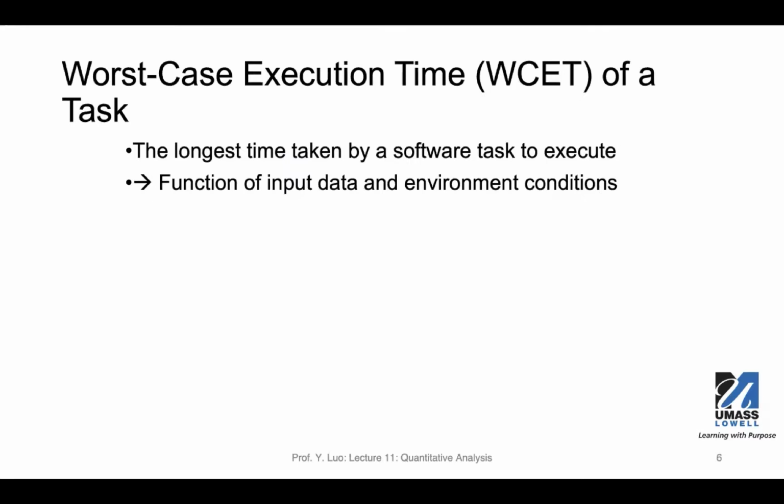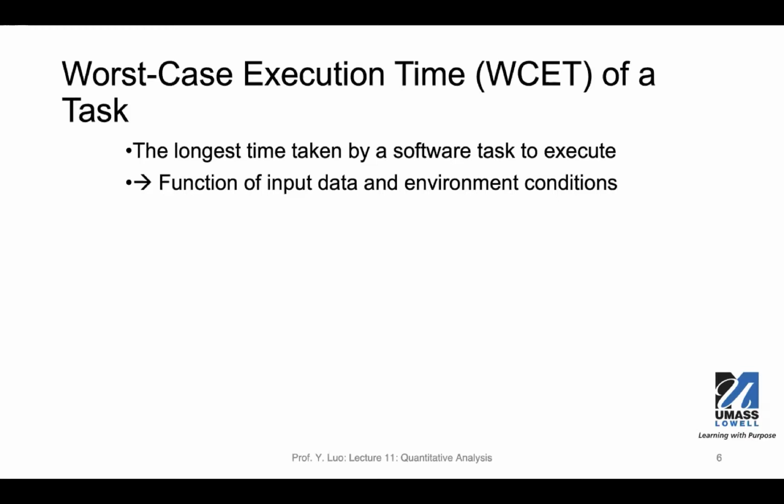So let's look at the worst case execution time. Worst case execution time, by definition, is the longest time taken by a software task to execute. It is a function of input data and environment conditions. Given different input data, your execution time might be different.